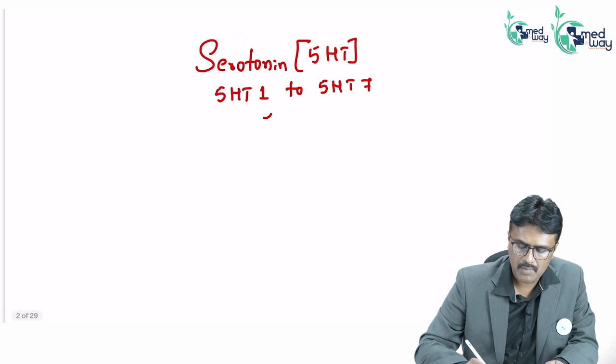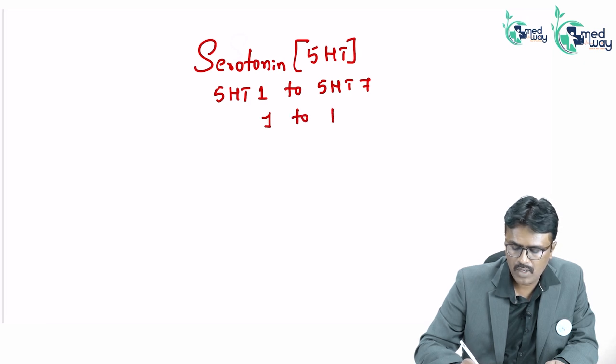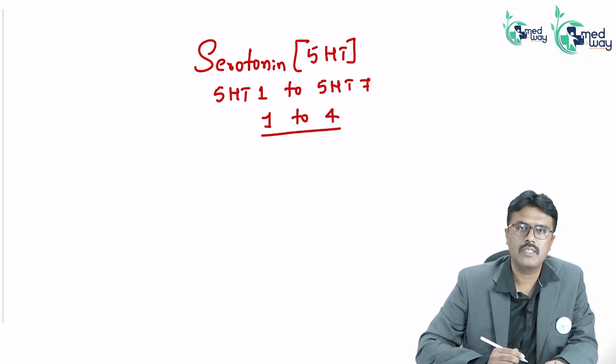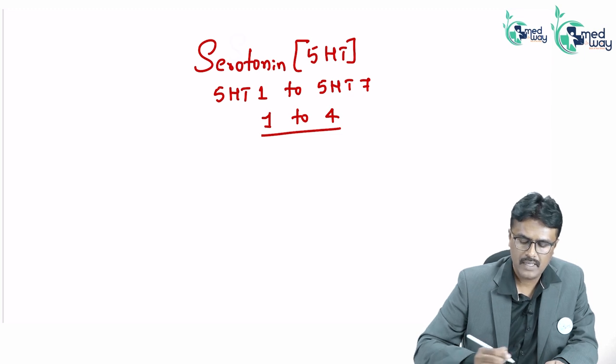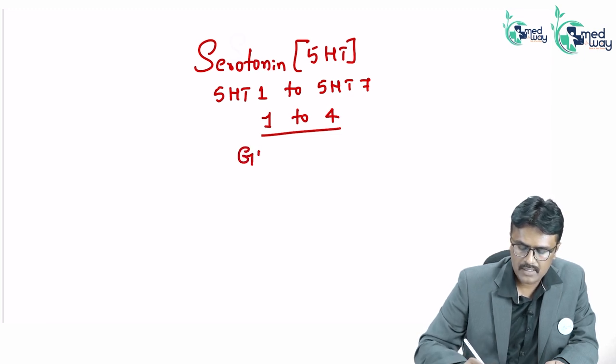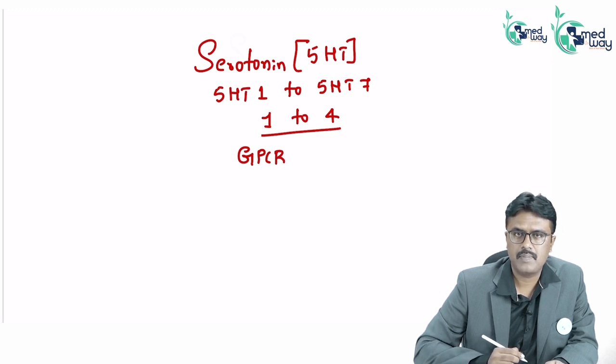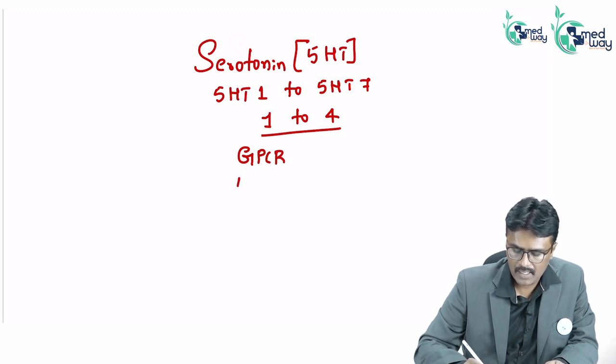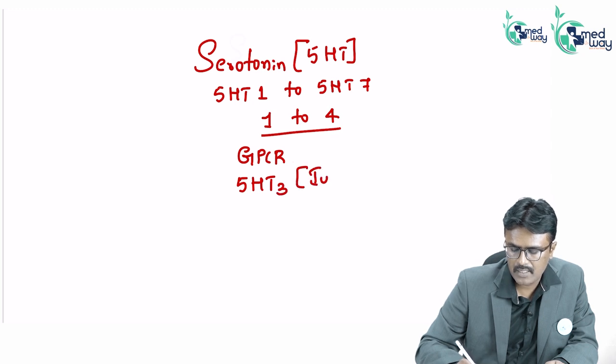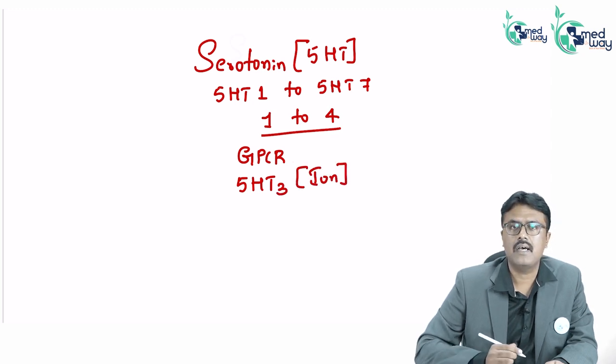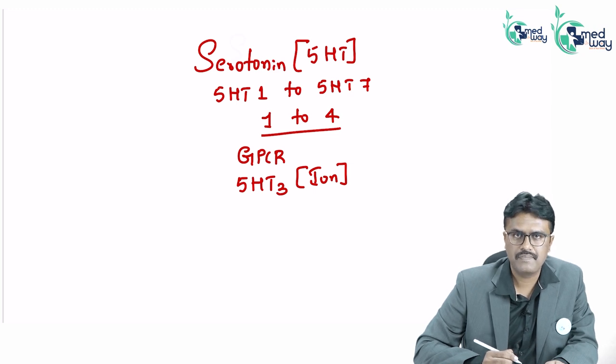But importantly, we should remember the 1 to 4 receptors. 1 to 4 receptors are very important. Almost all the receptors are G protein coupled receptor except one, and that is 5-HT3. 5-HT3 is an ion channel receptor, and we have discussed that in general pharmacology.